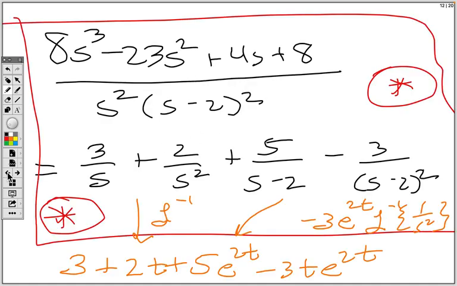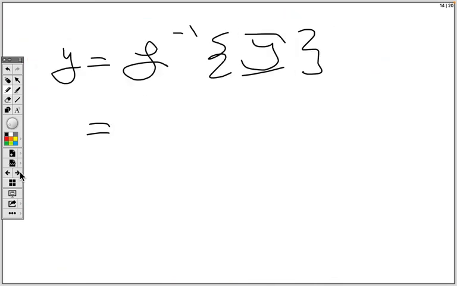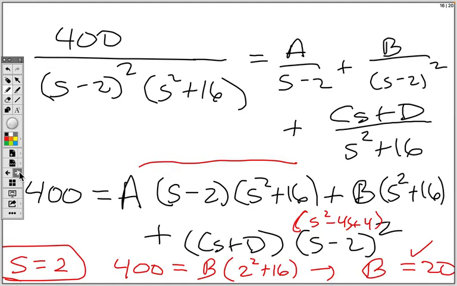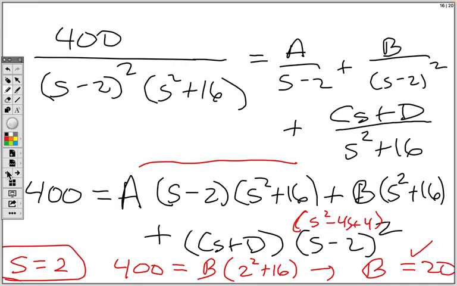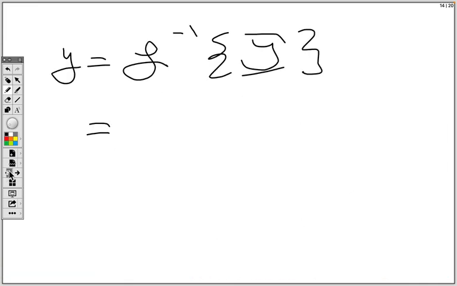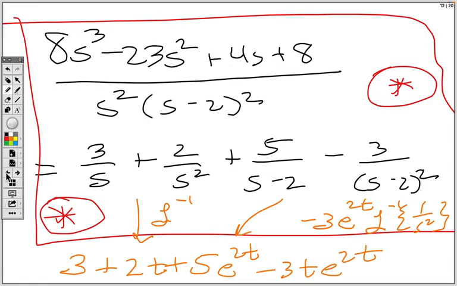And now we got to go back and find that other one. I think we have to go ahead then, right? Minus 4e to the 2t. This is so frustrating for me.